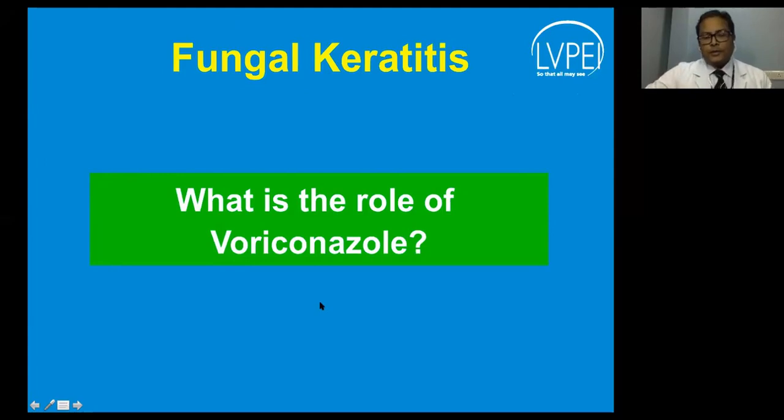So, what is the role of voriconazole? It is not uncommon to see in several meetings or seminars or discussions in the scientific community where there have been several anecdotal or published reports of benefits with newer generation of antifungals such as voriconazole.